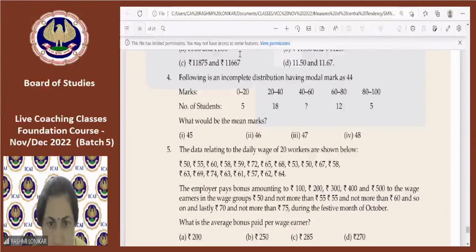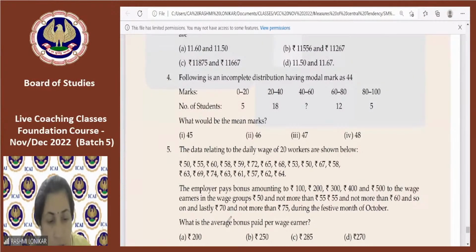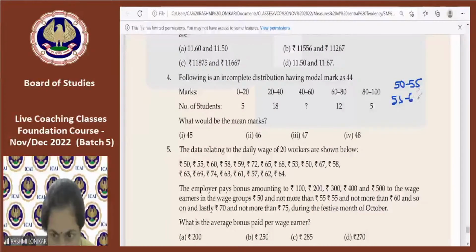So what you have to do here is form the class intervals. The class intervals will be 50 to 55, then 55 to 60, then 60 to 65, 65 to 70, 70 to 75.